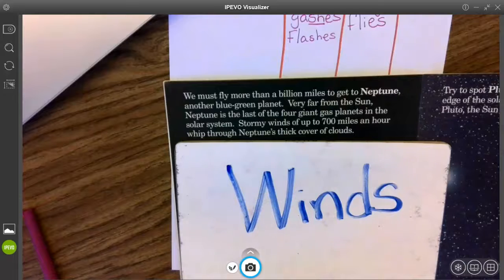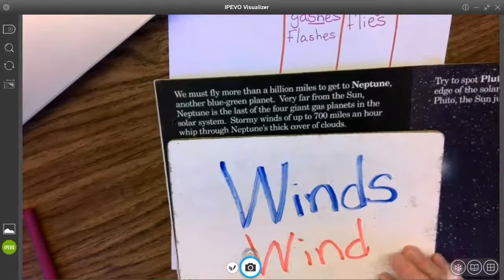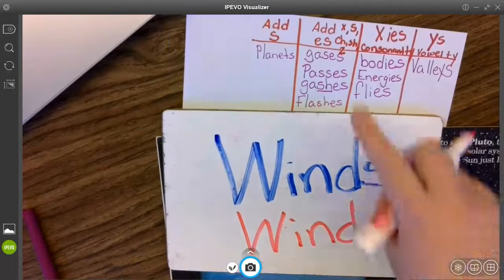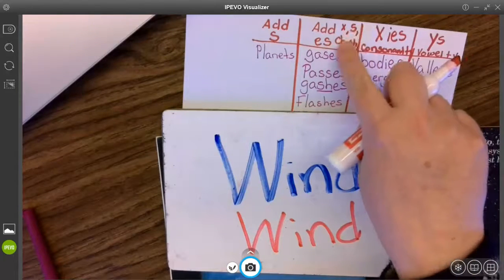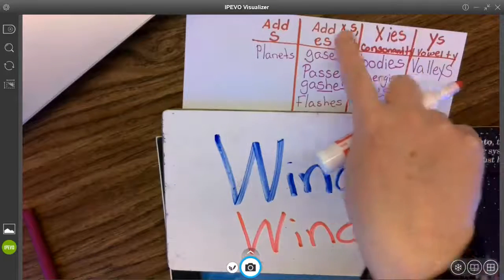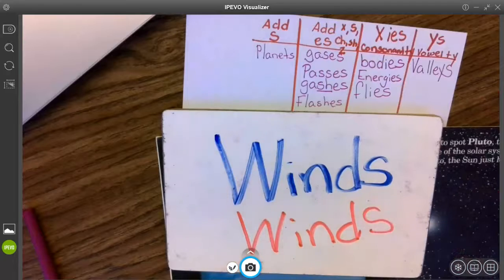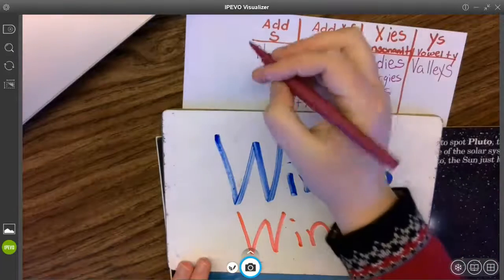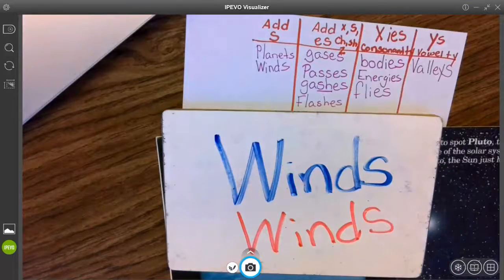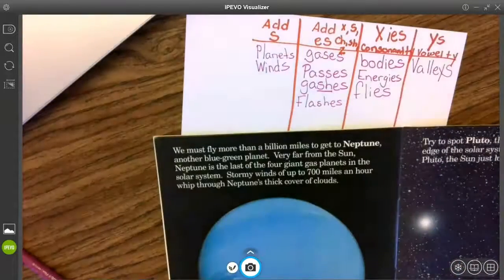Wind. Does it end in a Y? No, not at all. Does it end in an X, an S, a CH, an SH, or Z? No. Since it doesn't fit any of these, we're just going to add an S to it and get winds. All right, let's keep going.